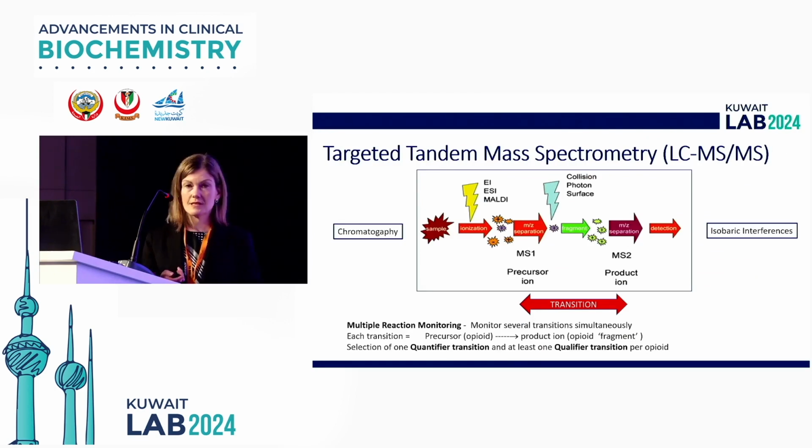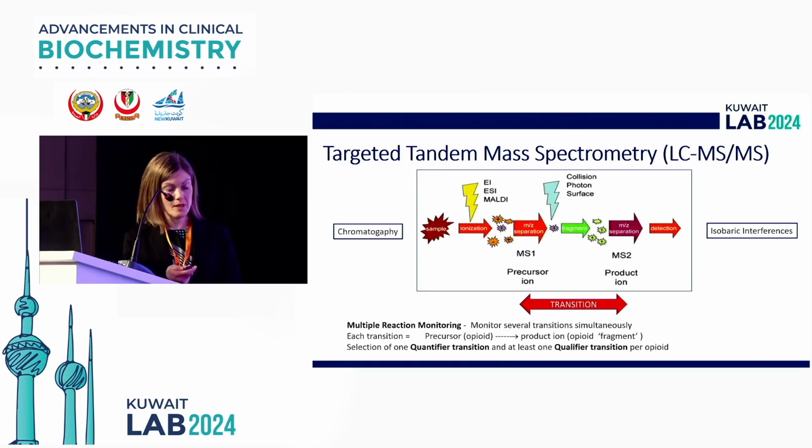Just a little schematic to remind everybody about mass spectrometry. This is a schematic of what happens in a mass spectrometer. You introduce your sample, and prior to that, you might want to do some chromatography or sample derivatization.